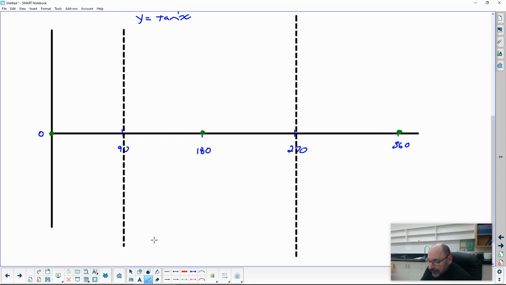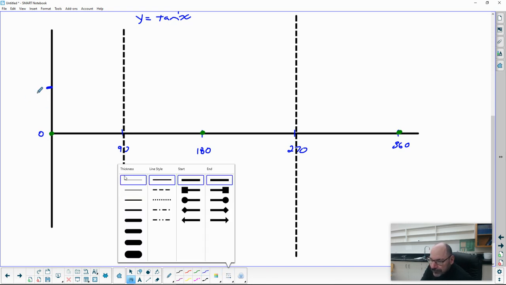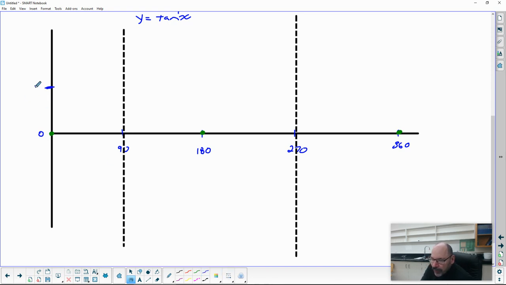So let's make a 1 line. Okay, that's fat. I'm going to skinny that up. So tan 45 is right there. Okay, let's go halfway in between tan 45 and 0.